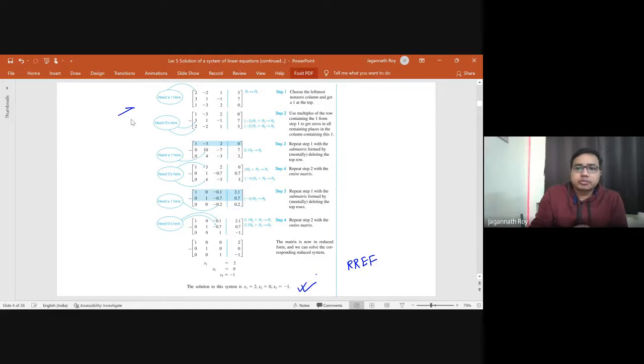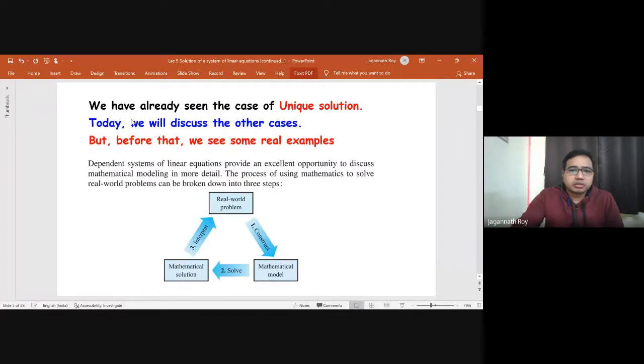Now the question is where we can find the applications of these systems. Several real life examples can be seen. For example, cryptography, rocket science, electric circuits, and also chemical equations.